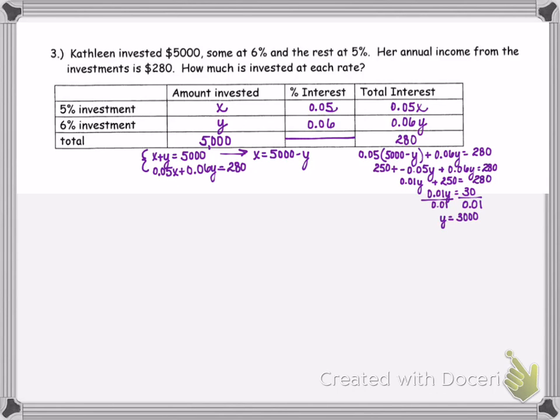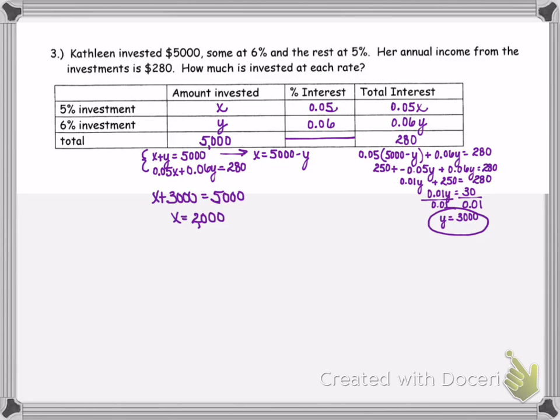So I'm finding that the amount that she invested at 6% is $3,000. And all I need to do is plug that back into the original equation to solve for x. So x should be $2,000.